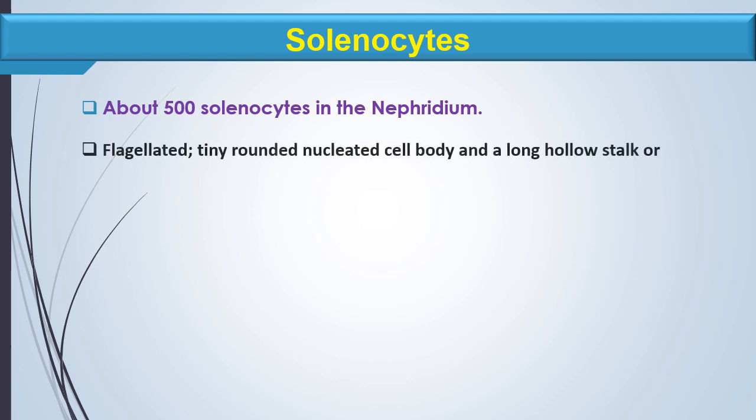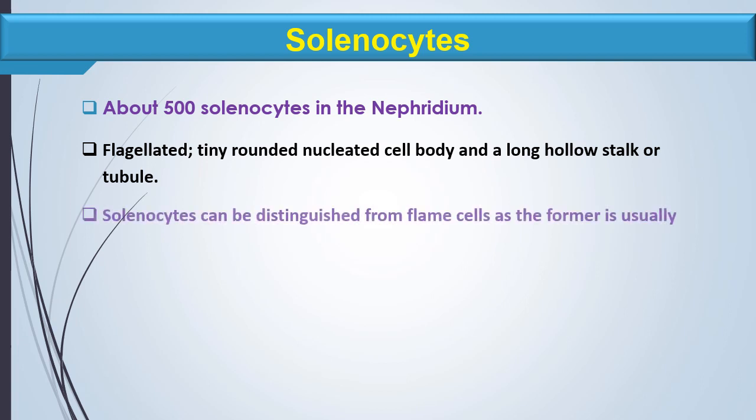The second type of protonephridia are the solenocytes. Each nephridium bears about 500 solenocytes. These are flagellated, with a tiny, rounded, nucleated cell body and a long hollow stalk or tubule.